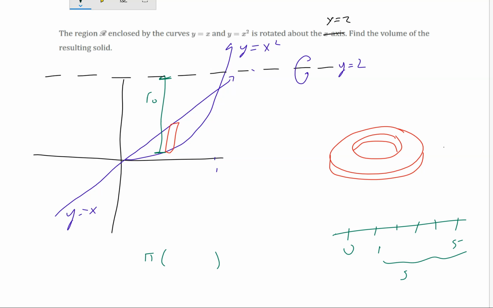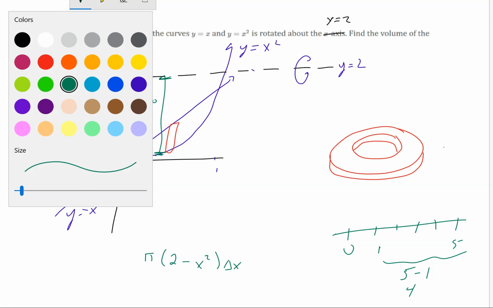You always take the big one minus the small one, right? And we know that it has a distance of 4 between those. So what we're going to do to find the distance for that radius is going to be 2 minus, and then what is our x coordinate here? That's on that x squared, so it's going to be 2 minus x squared. Okay. And then we'll have the dx.